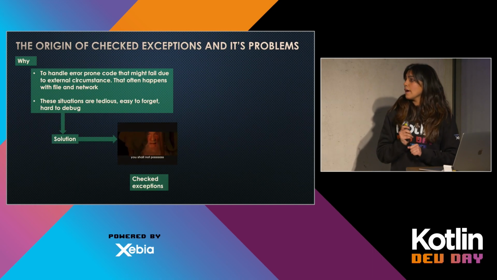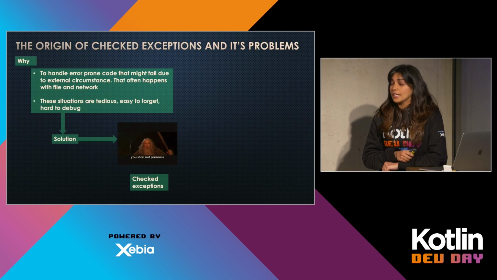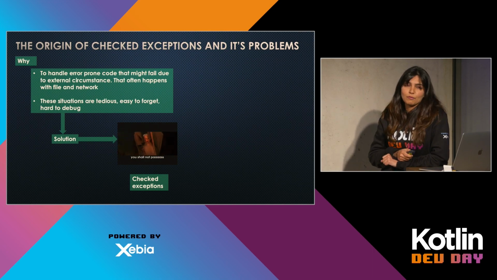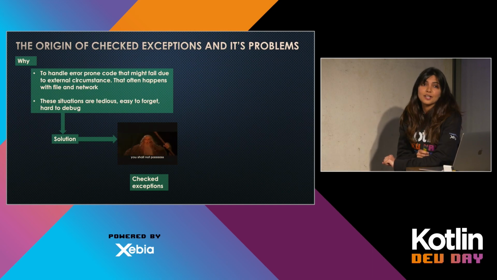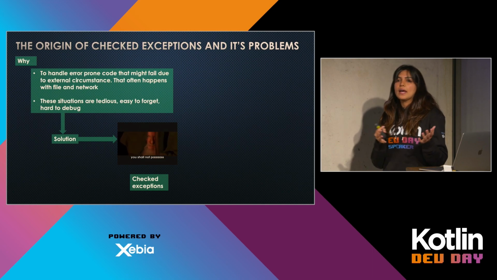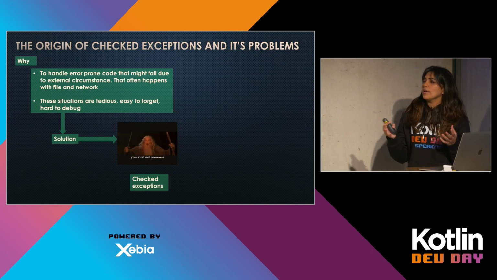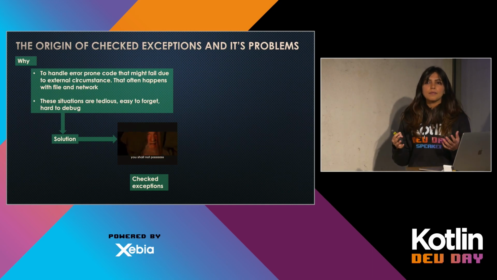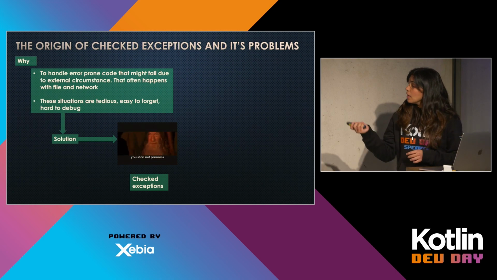So a solution was found, and the solution was to introduce checked exceptions, basically from the code from my favorite movie, You Shall Not Pass. So the compiler is going to complain at compile time to handle these exceptions. So now it looks like a good solution for the time being. Our compiler is informing us and taking care of this.